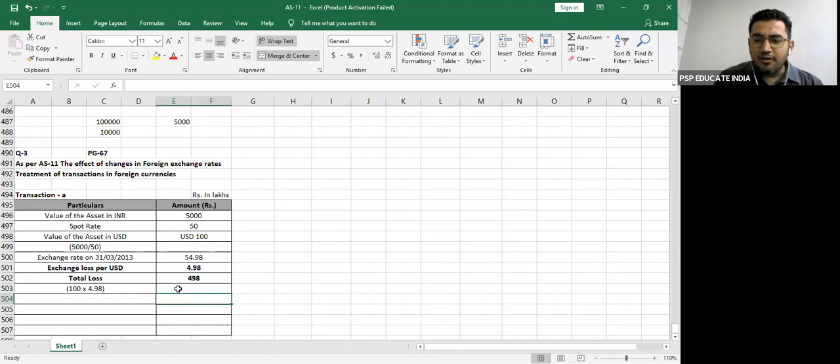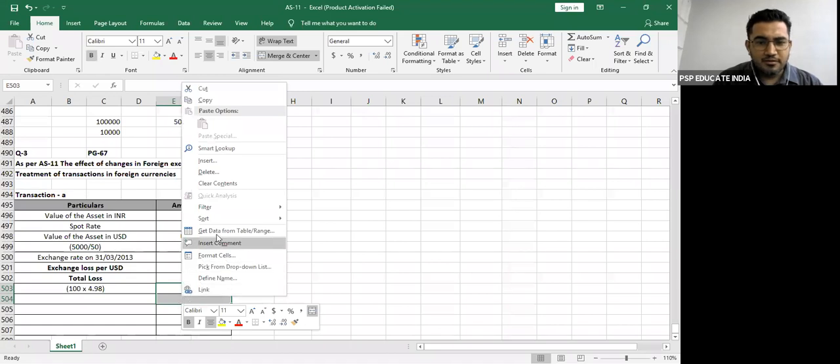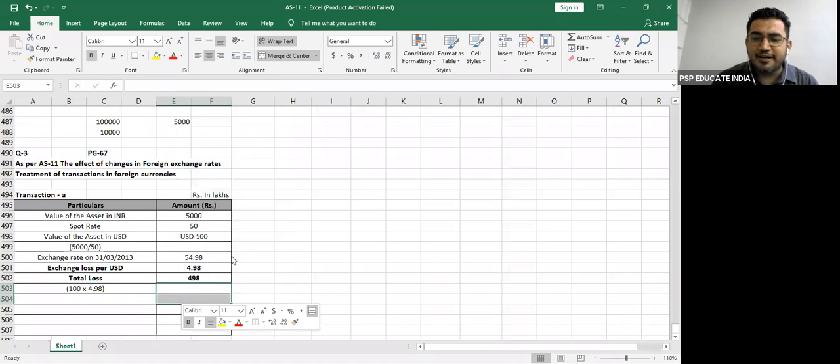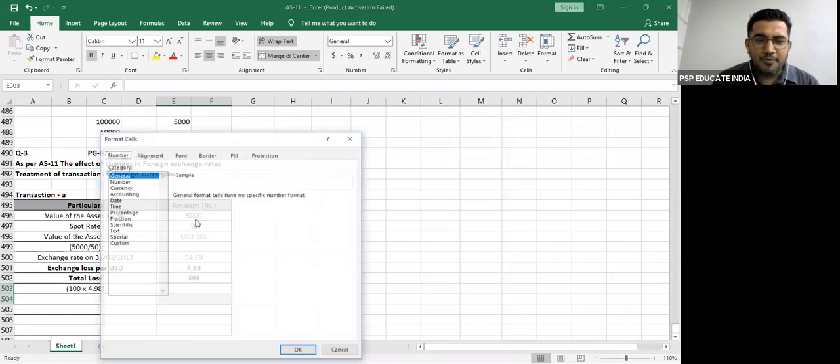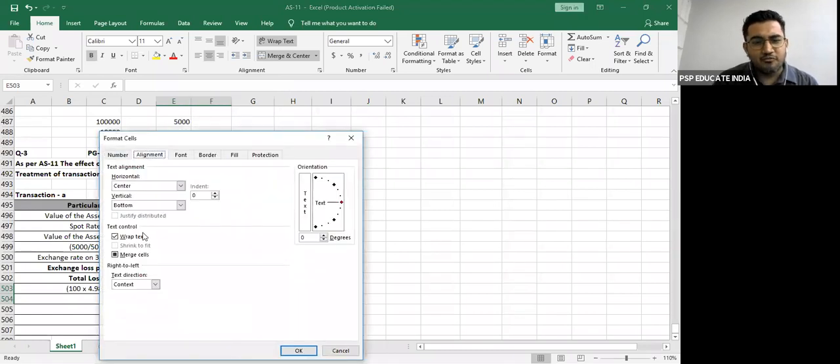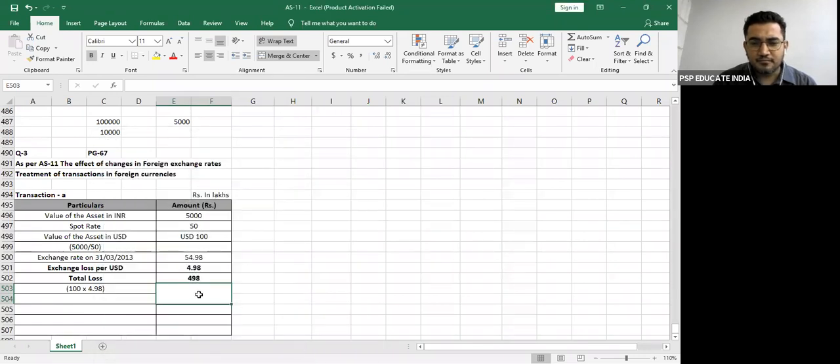Okay, quickly look at the question and tell me, have you taken a loan over here? Have you taken a loan or is it a transaction involving a creditor? It is of course a transaction which involves a creditor.